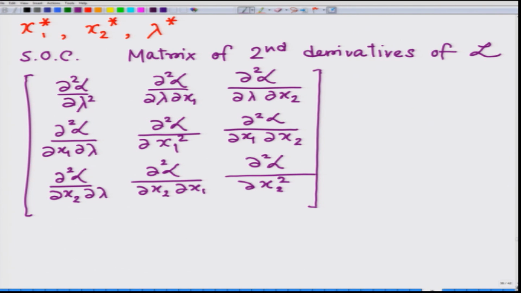Now, of course, given the Lagrangian function, it is easy to derive for certain components, and if we do so, we get the following. So, these G1 and G2 are the first order partial derivatives of the constraint with respect to the decision variables 1 and 2.